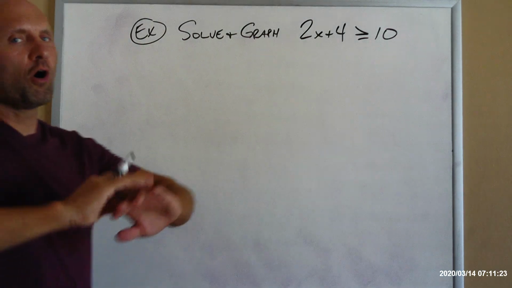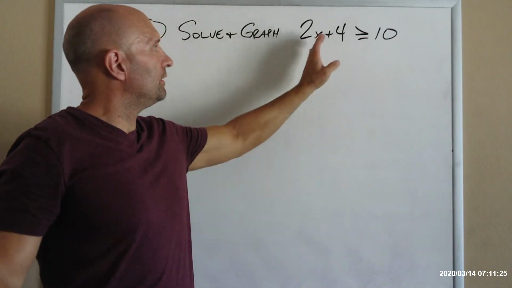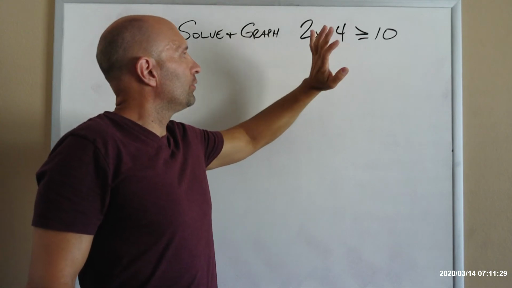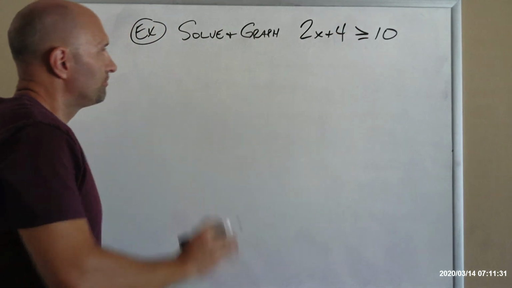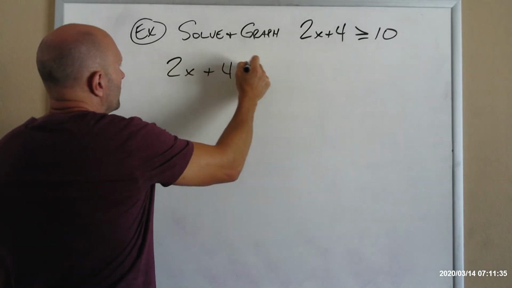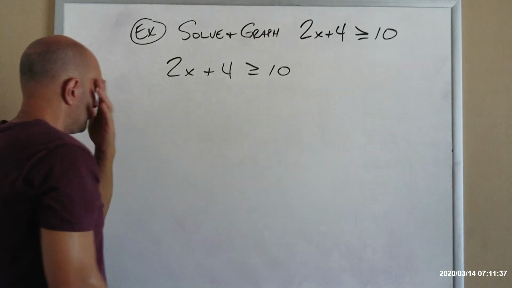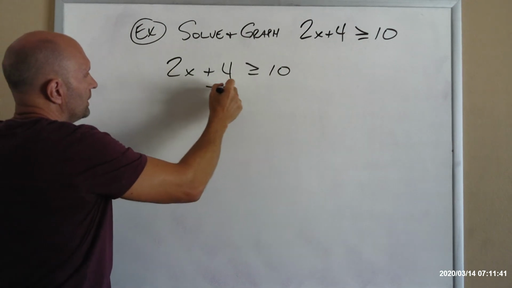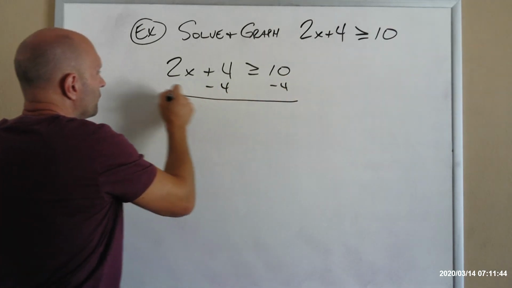So I want to know all the numbers out there that if I plugged it into this inequality, make it true. So again, I'm going to just follow normal equation steps. So 2x plus 4 greater than or equal to 10. First thing I need to do, get the variable piece by itself. So I need to subtract 4 from both sides.